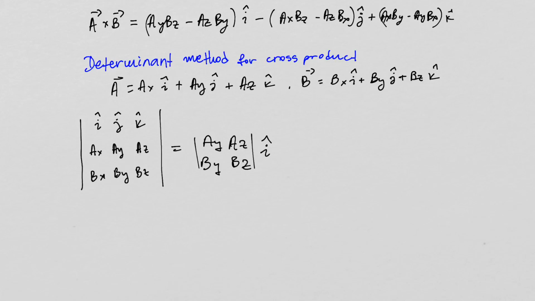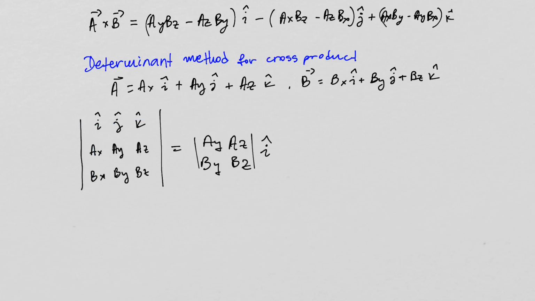Well, think about it this way. If I cross the first row and column like this, what's left is this block here, which corresponds to what I put in this 2x2 determinant. And then I'm multiplying the 2x2 determinant by the element that was crossed. So that is i hat. Then I can perform the same operation with j hat and k hat and add 2 more terms to this sum.